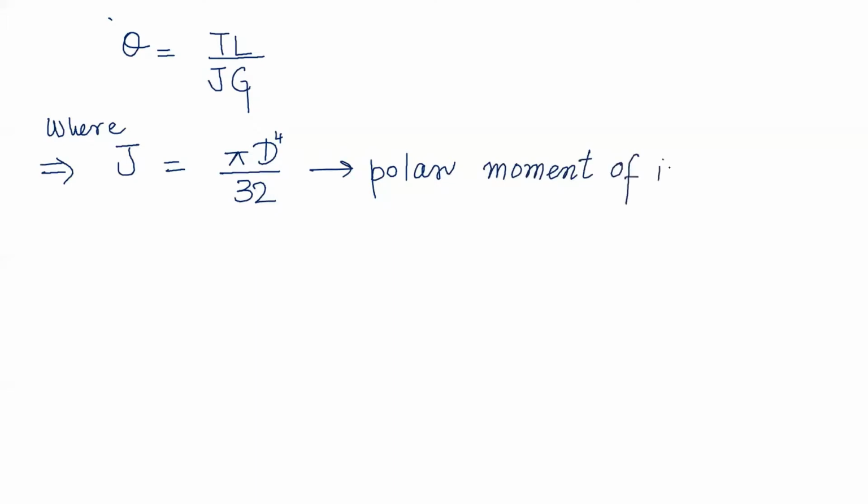We have to put the value of D over here, so we will get the value of J. Keep in mind that the unit of moment of inertia is inch raised to the power 4 or millimeter raised to the power 4. Here it is in inches, so its unit will be inch raised to the power 4. The diameter given in the question is 4 inches, so I will put the value of diameter 4.